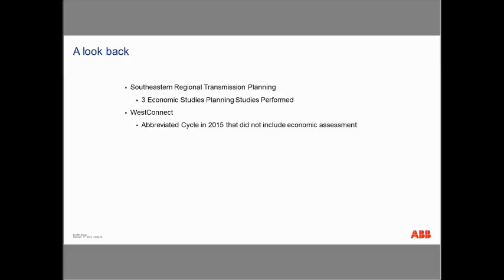And WestConnect, during 2015, although they went through a cycle of regional transmission planning, it was an abbreviated cycle. So they didn't include an economic assessment in their analysis. So there were no economic constraints identified that were put out for determining solutions.